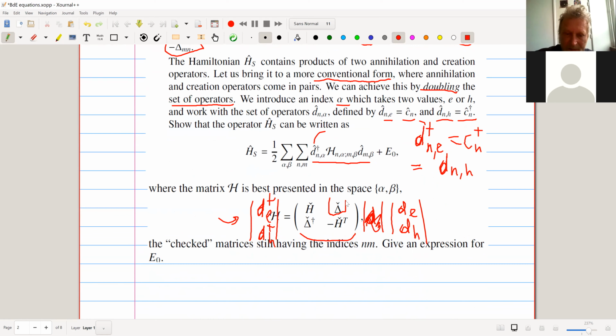What I get by multiplication comes with the H, and it is non-diagonal.